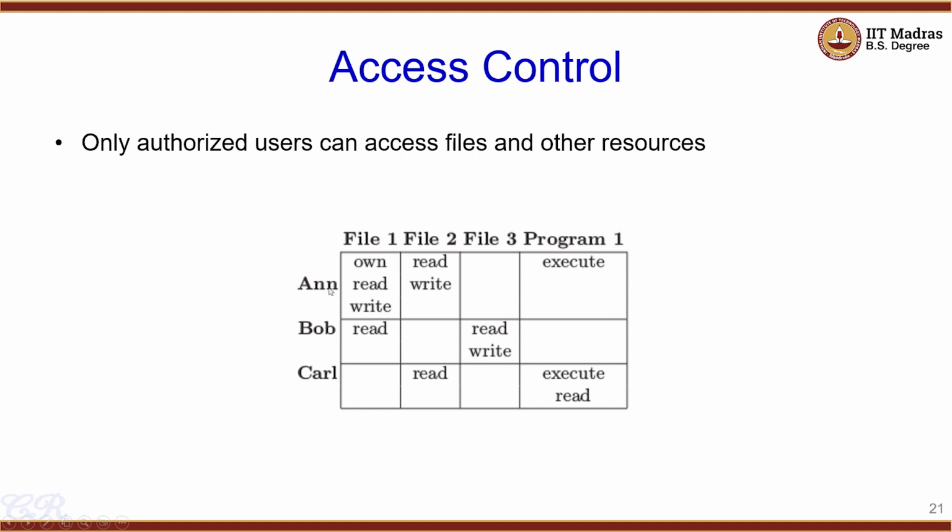The operating system has policies about which user, which we call the subject, can access what files. So here for instance we have Anne, who is the owner of file 1 and can read and write to file 1, while Bob can only read file 1, while Carl cannot access that particular file.